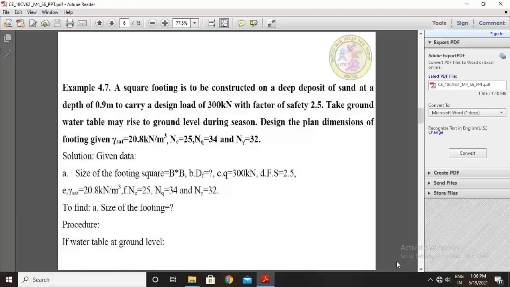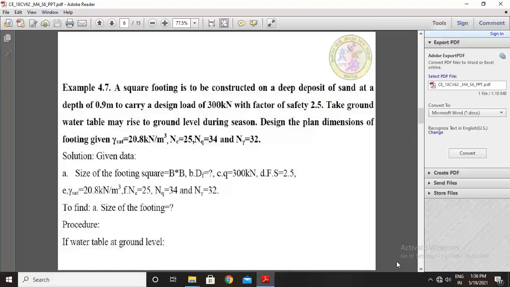Okay, next problem. A square footing is to be constructed on a deep deposit of sand at a depth of 0.9 meter to carry a design load of 300 kilonewton with a factor of safety of 2.5. Take the groundwater table may rise to ground level during the season.